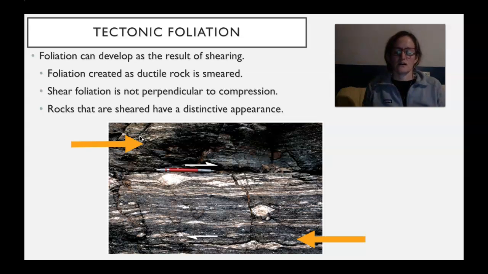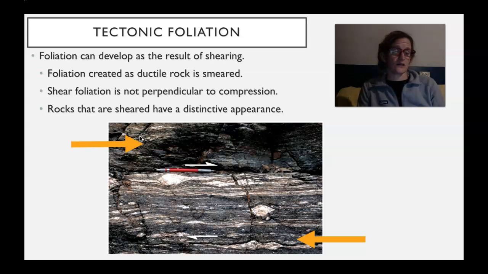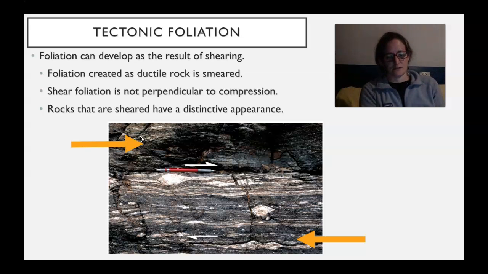When you have this tectonic foliation, you're shearing the rock, and the foliation is not going to be perpendicular to the compression. The shear motion just stretches out those minerals, and that defines the foliation.